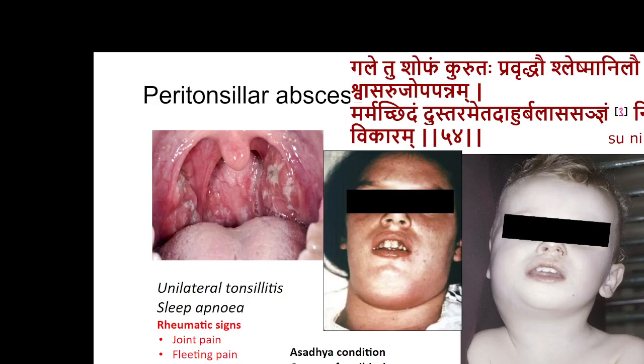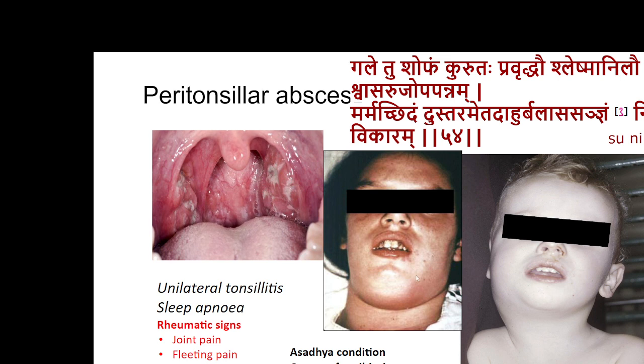Now, the other variations of this would be peritonsillar abscess. In the peritonsillar abscess, the typical features would be Galet Shopam Kurte Prabudha Shleshmanilo Shwasajopam Barmachitam Dustar Mendahu Balasa Sundam Nipuna Vikaram. That's the balasa where the child would have an abscess with huge bulging, swelling at the area.